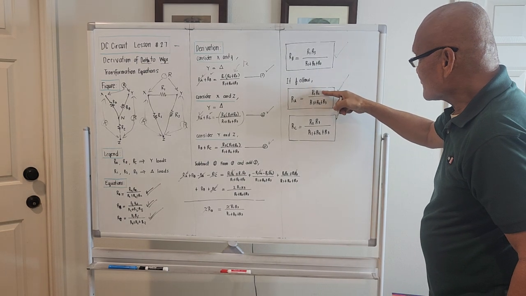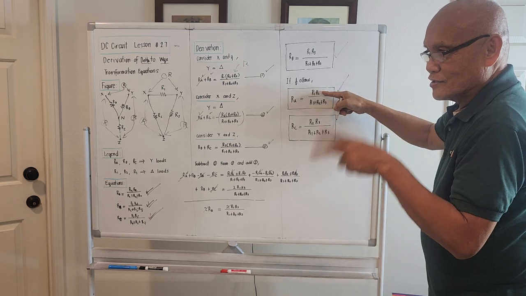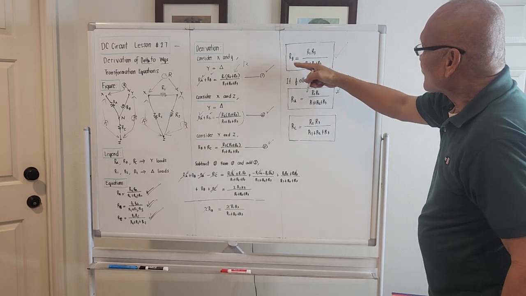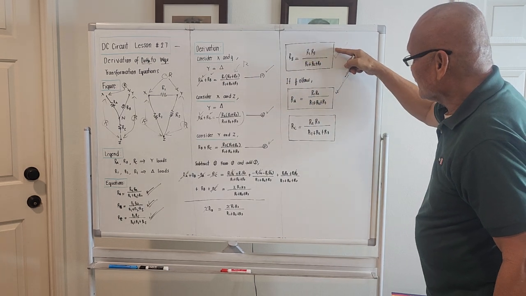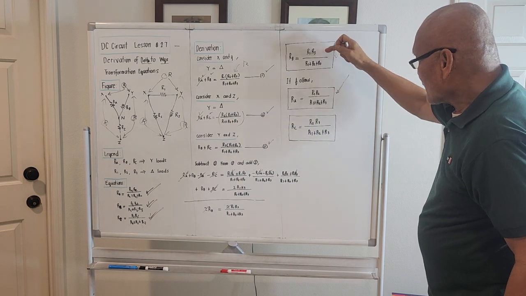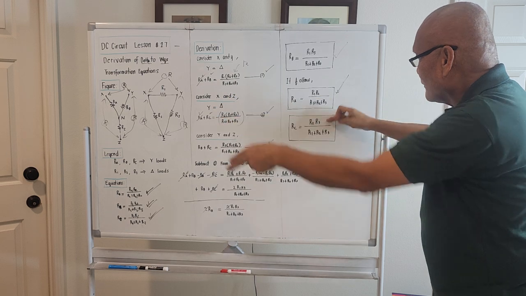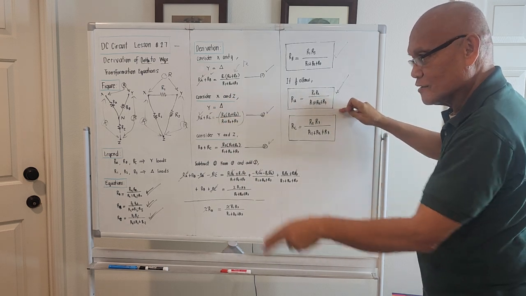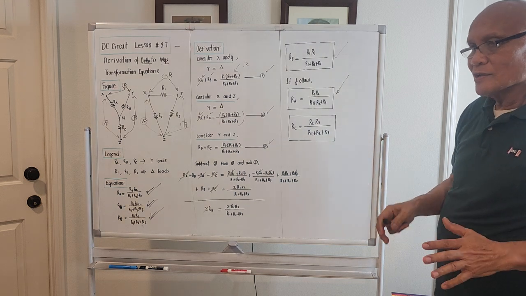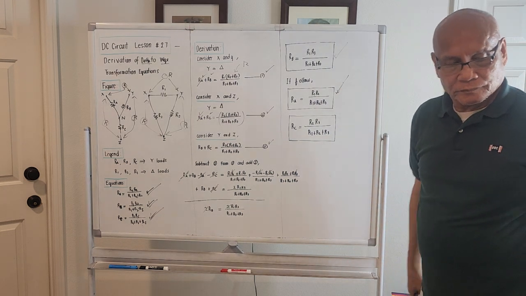It should be the resistances adjacent to the resistance to be computed in terms of Y. R1, R2 for R A; for R sub B, it should be R1, R3; and for R sub C, it should be R2, R3. It's the product of the two adjacent resistors given in delta, all over the summation of the resistances in delta. That's the derivation of the transformation formulas from delta to Y.